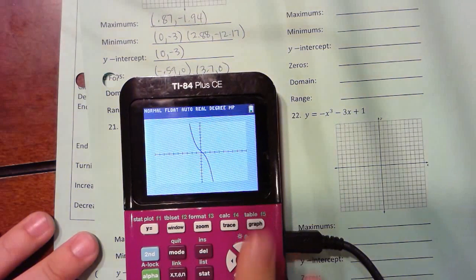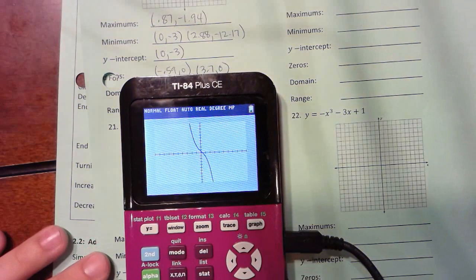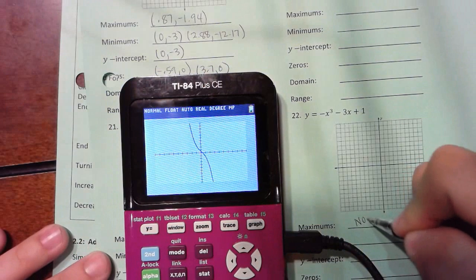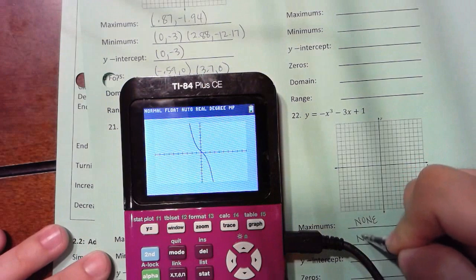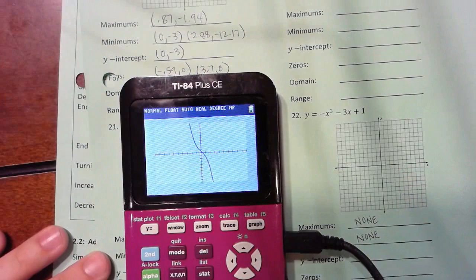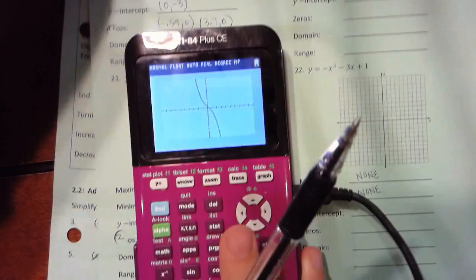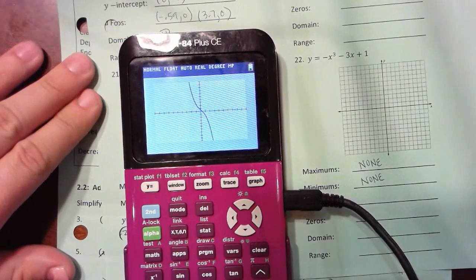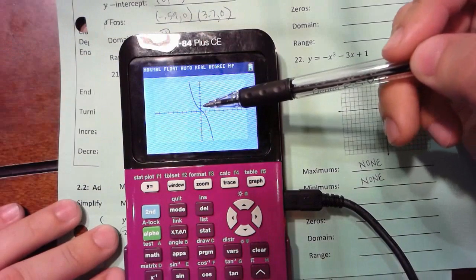So, this one actually is going to be a very quick problem because there is no max or min, because the graph just snakes down and doesn't turn at all.